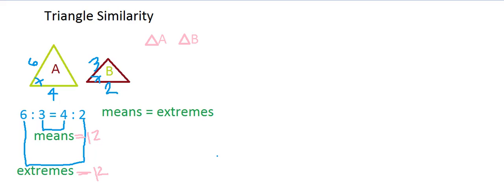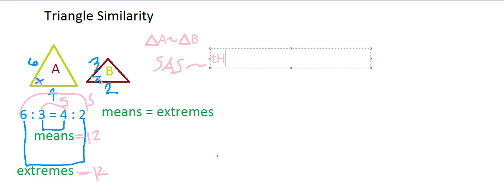Why? Because of side, and this is also another side, and this is their included angle. So that is the side, angle, side similarity theorem. So this is how our side, angle, side similarity theorem is stated.